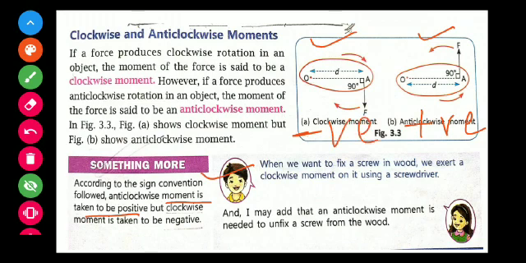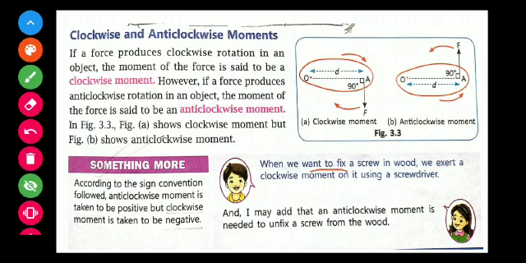If you apply a force and there is a clockwise rotation, then torque is negative, and if there is an anti-clockwise rotation, in that case torque is positive. Therefore, we use the sign convention to represent the clockwise movement and anti-clockwise movement.